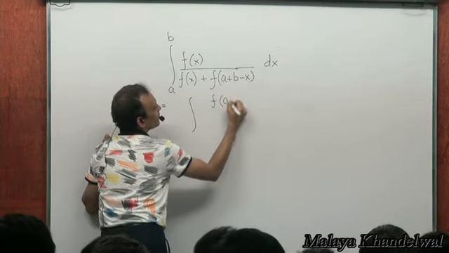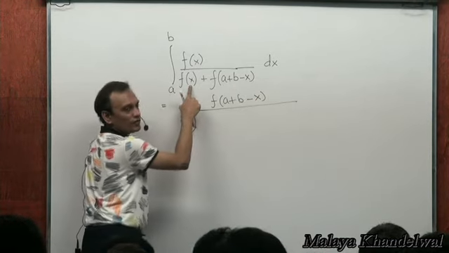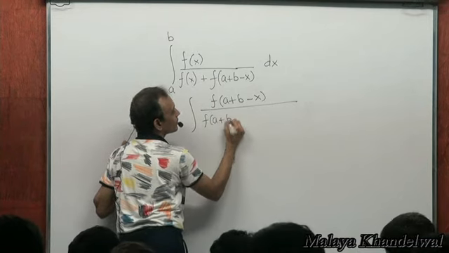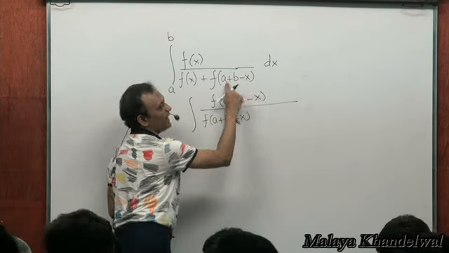So f(a plus b minus x) divided by f(a plus b minus x) plus f(x).